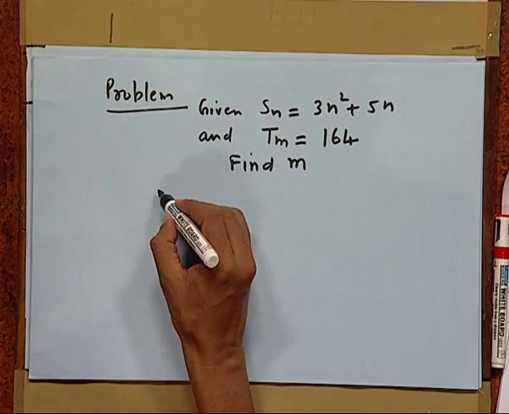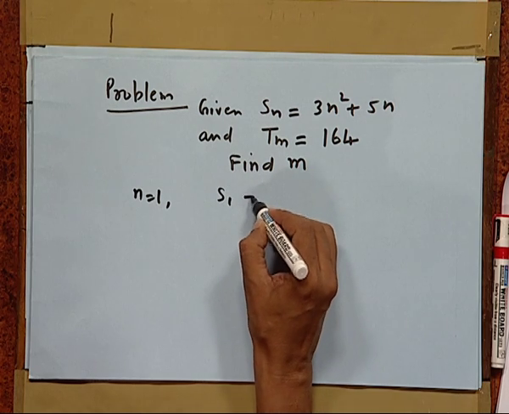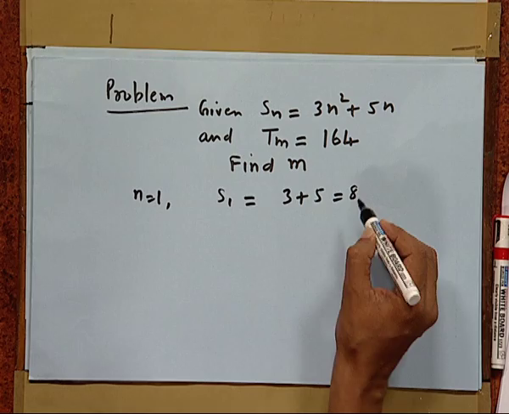Now apparently the series is not given directly, because at first sight neither do we know a nor do we know d, but we can find them easily. First of all, when we put n equal to 1, we get S1 is equal to 3 plus 5, that is 8, and S1 is same as the first term.